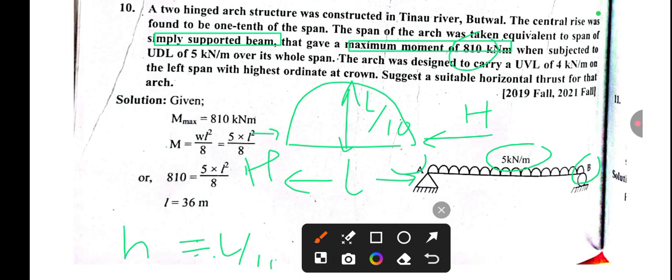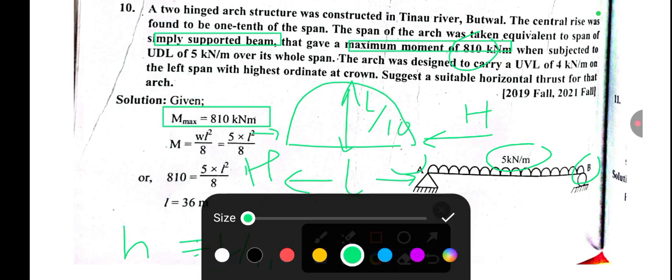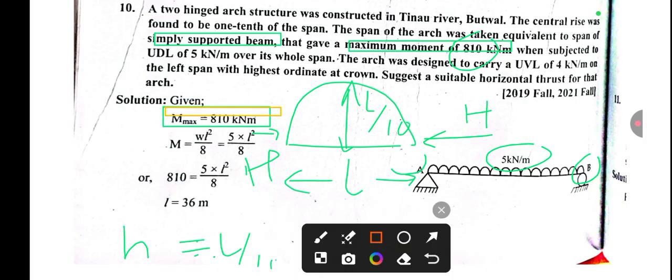810 kilonewton meter. So from here we can write, as we know, the maximum moment equals 810 kilonewton meter. As we know, the formula of moment is WL square by 8. In slope deflection and moment distribution, we have done so many questions of bending moment. So when the UDL is applied, the maximum moment will occur at WL square by 8.